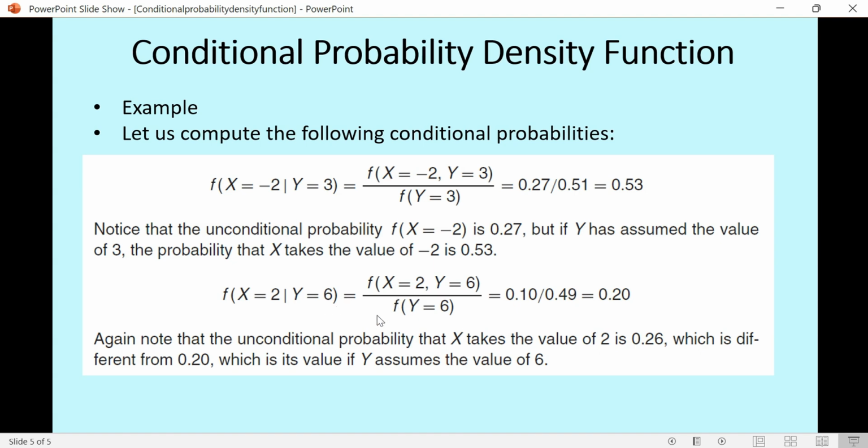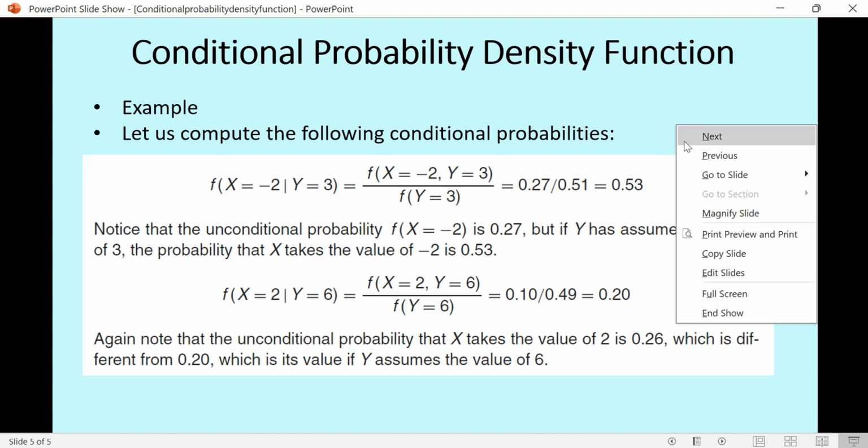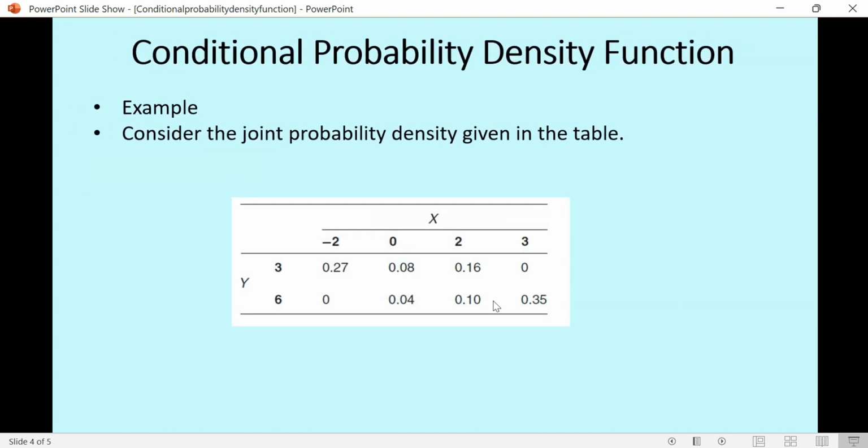Another conditional probability is x equals 2 given y equals 6. We fill in the marginal probability of y equals 6 by summing this row, because this is y equals 6. This is 0.49. The joint probability of x equals 2 and y equals 6 is 0.1 right here.